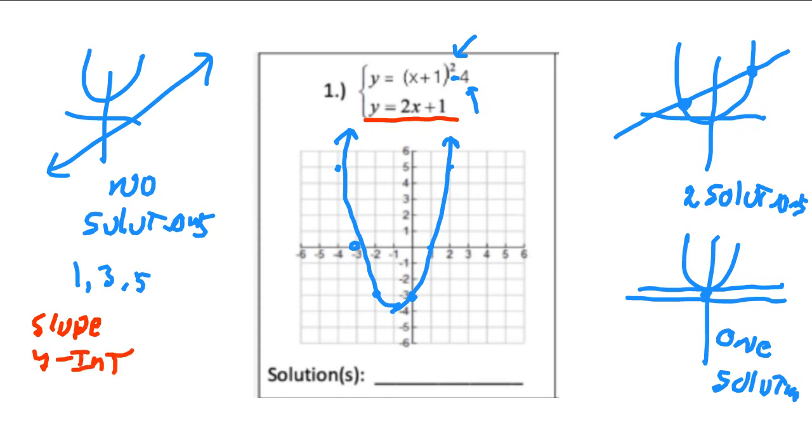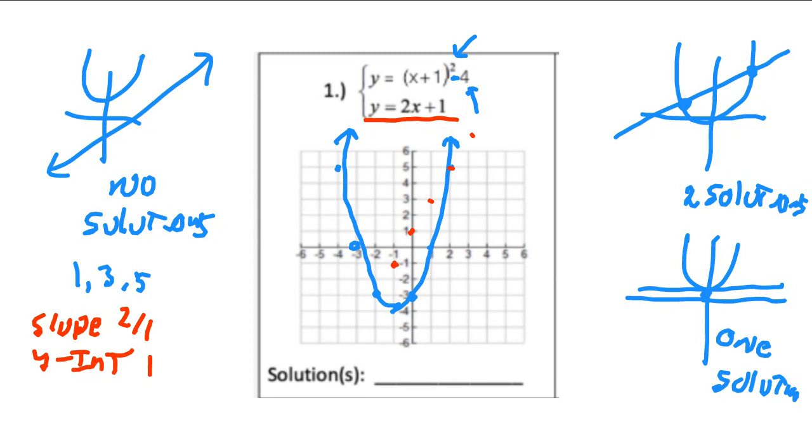The slope is 2, so I write it this way, 2 over 1, and the y-intercept is 1. So now if I was going to graph it, I put a point at 1. That's the y-intercept. And my slope is 2. So from this point, I go up 2 over 1, up 2 over 1, up 2 over 1, and I could go backwards 2 over 1.